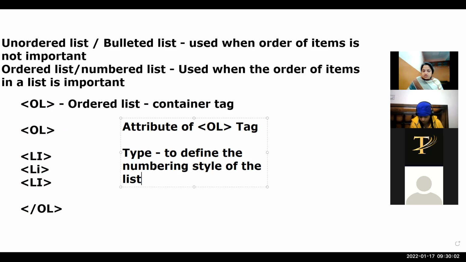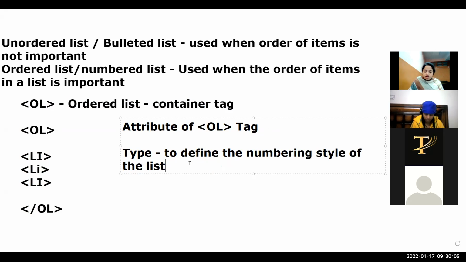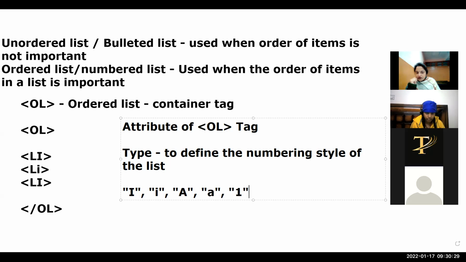Type attribute can have the values. It can have the value capital I to define the Roman numbers. It can have the value small i to define the small Roman numbers. It can have the value capital A. It can have the value small a. Or by default, it is having 1; 1, 2, 3, 4 will automatically be displayed.